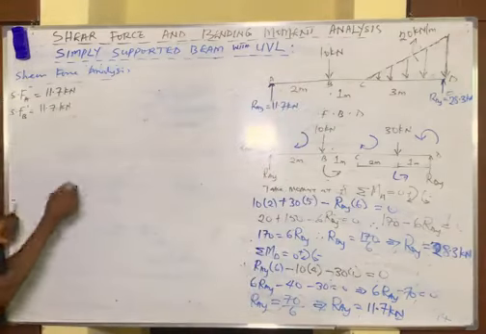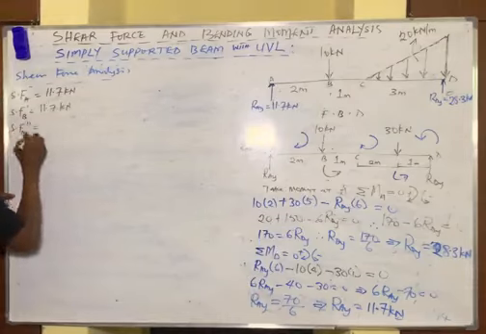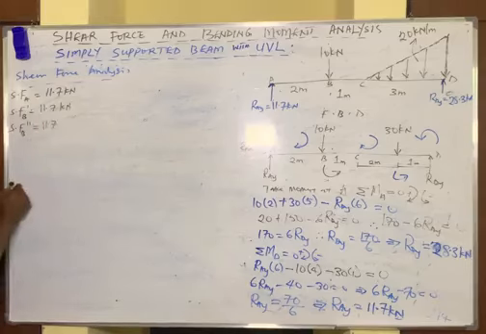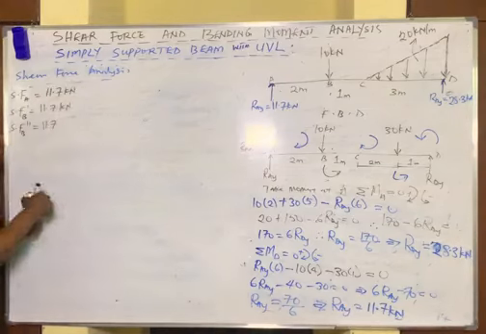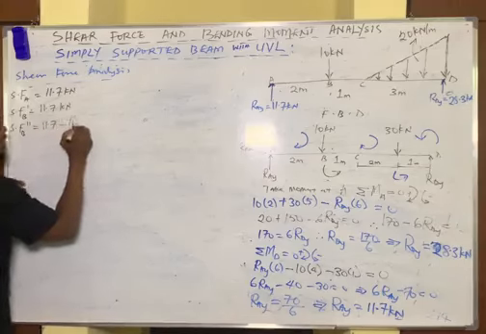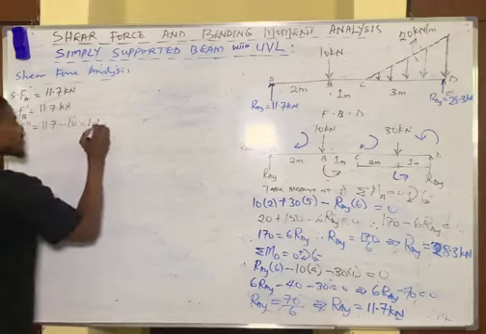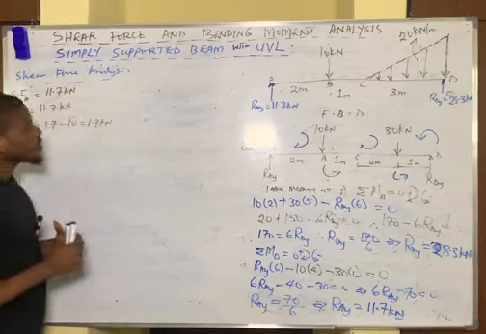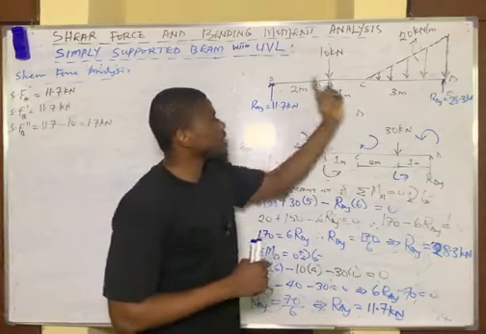So you label that as shear force B double prime, which means finally at point B, this 11.7 kilonewtons force experiences a downward force of 10 kilonewtons, so it becomes what? Negative, minus 10. And this is going to give us simply 1.7 kilonewtons.